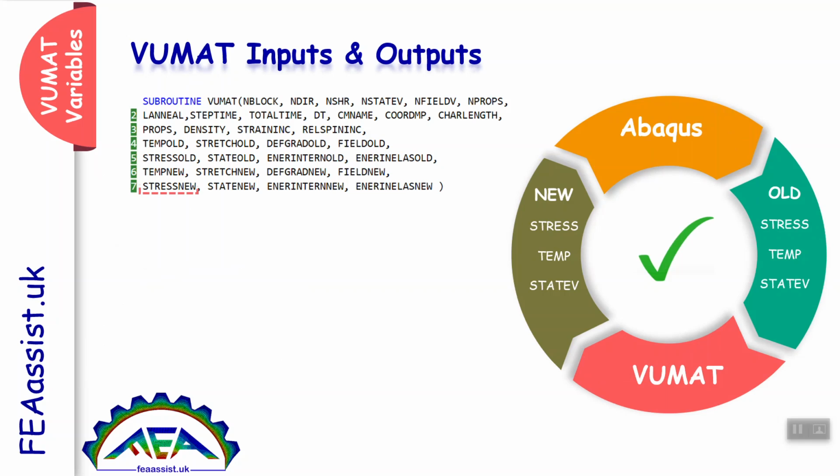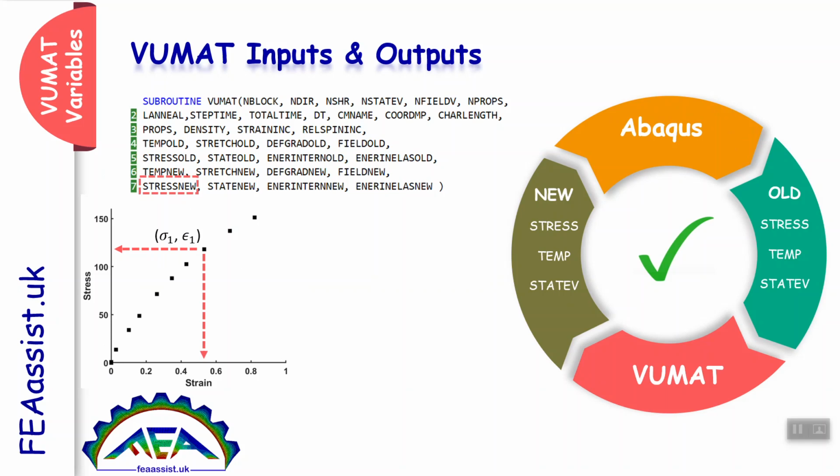Here we explain one of the most important variables of the FEAassist subroutine, which is stress, and here stress new. Consider you have a stress and a strain at this point, and you want to predict and compute the stress at the next point. What can you do?